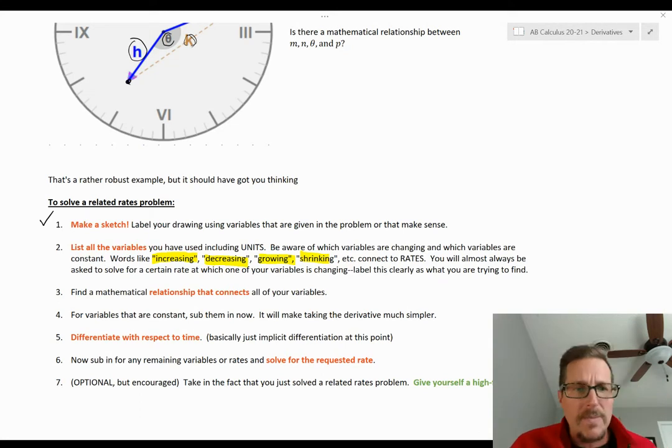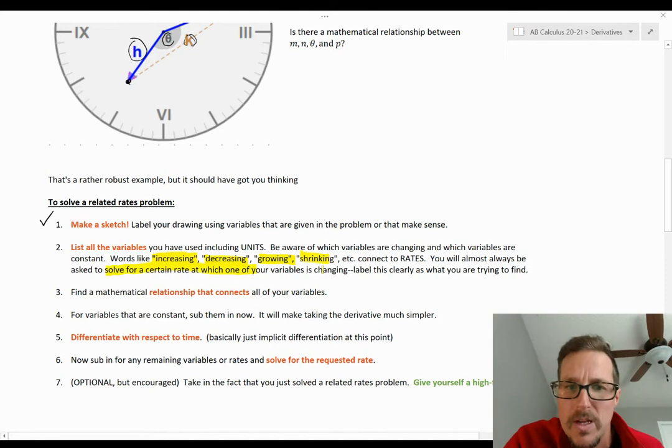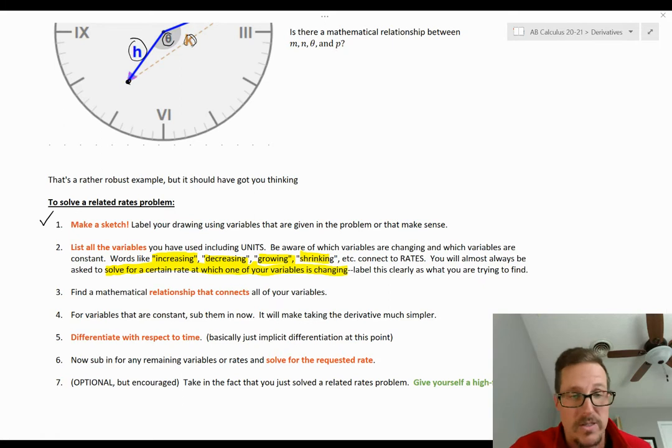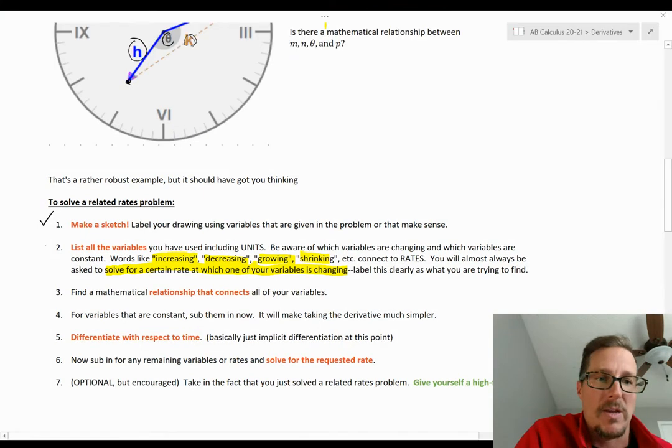And you're always going to be asked to solve for a certain rate of change at a moment in time. So you're going to want to write all of those different pieces because there's going to be a lot of moving parts. We want to create that list of variables so we can have them handy. We know what we're looking for.